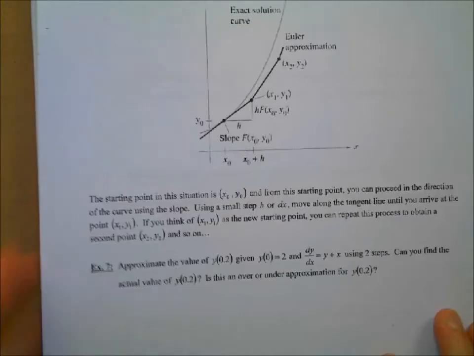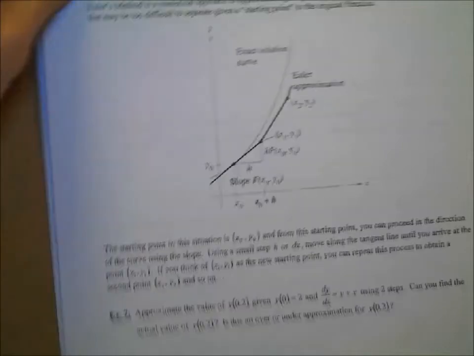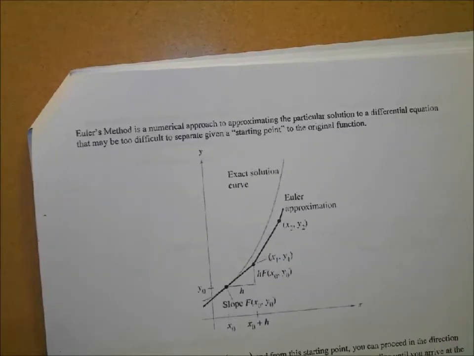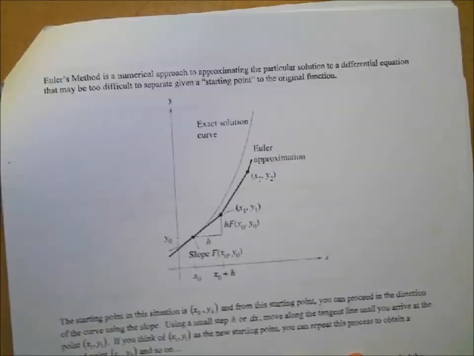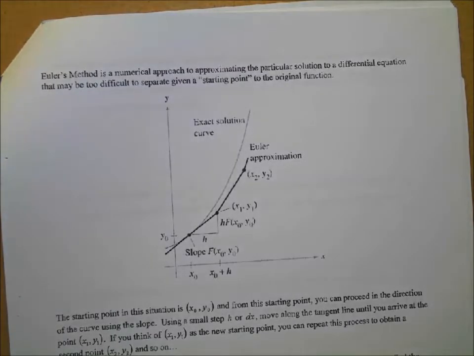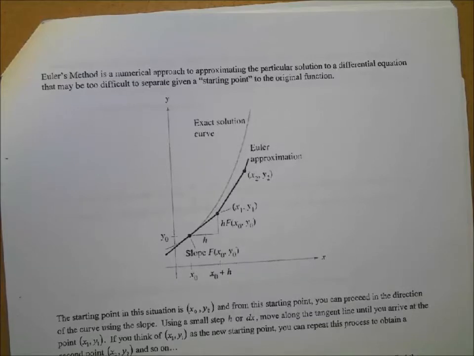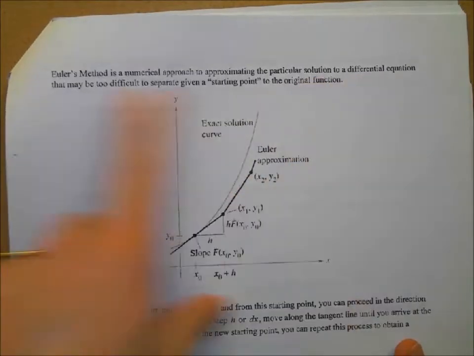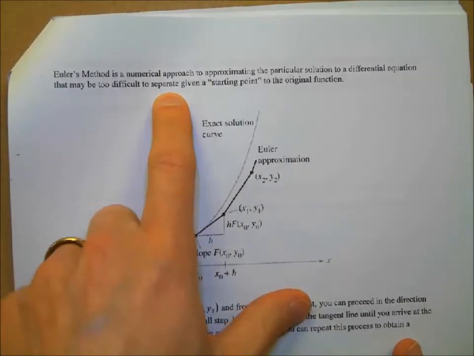Okay, the next method we have is Euler's method. It's a numeric approach to approximating a particular solution to a differential equation. In this particular case, it's helpful for situations where you can't necessarily find the original function, so finding particular solutions to a differential equation that may be too difficult to separate, given a starting point to the original function.